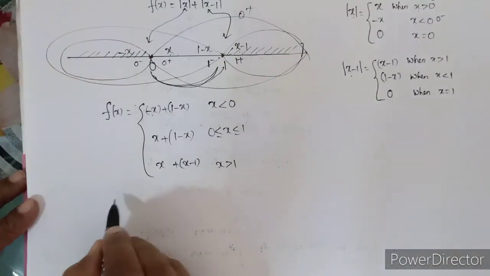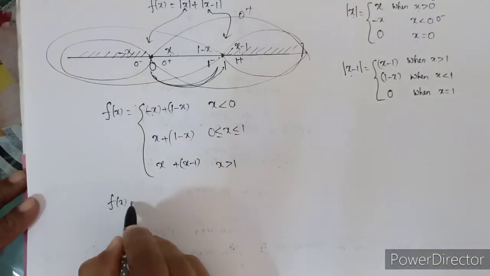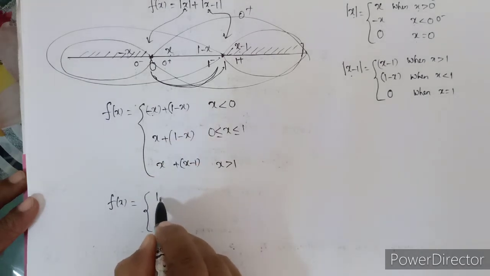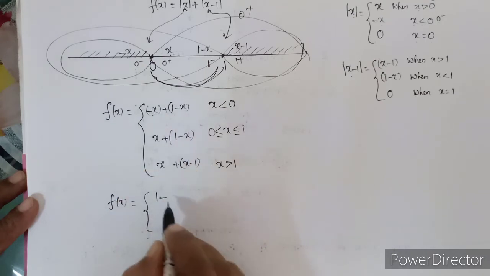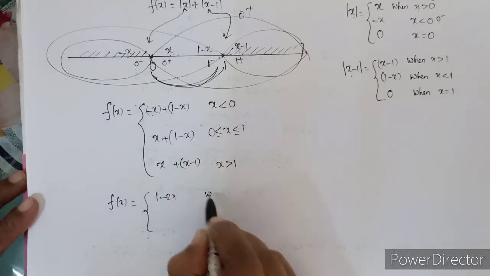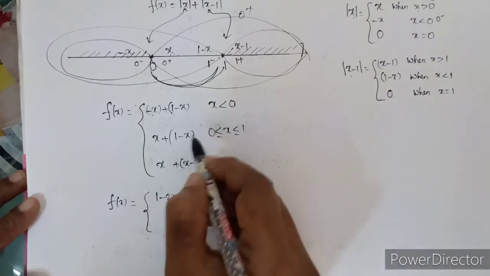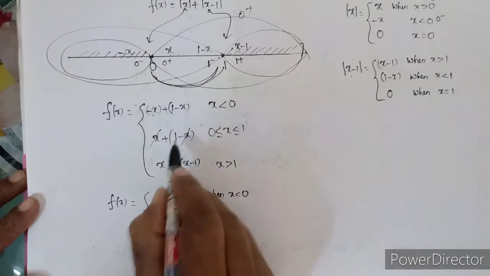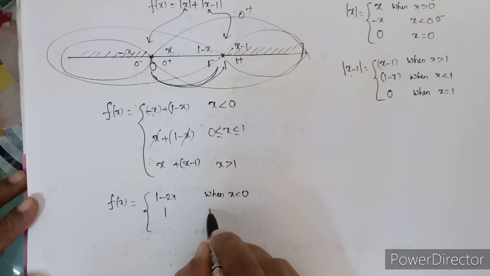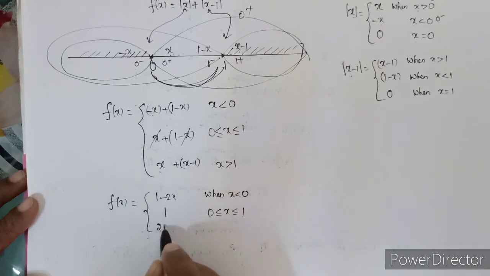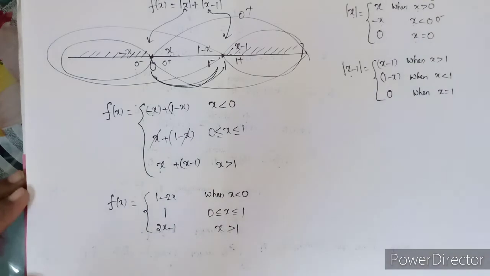Therefore, f of x is equal to 1 minus x minus x, that is 1 minus 2x, when x is less than 0. Plus x and minus x cancel, so we get 1 when 0 is less than x less than or equal to 1. And x plus x is 2x, so 2x minus 1 when x is greater than 1.